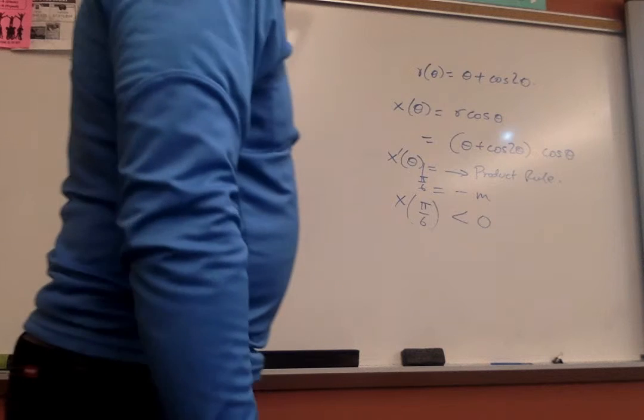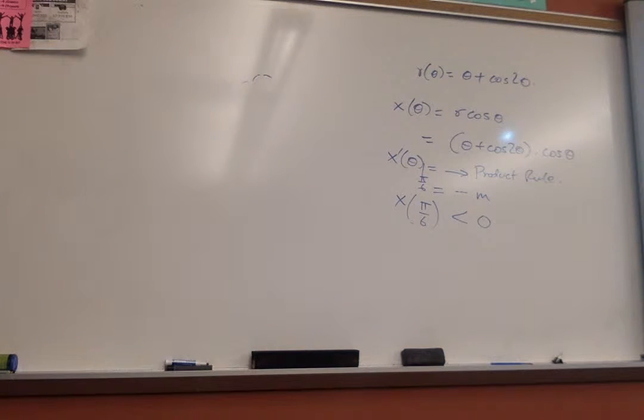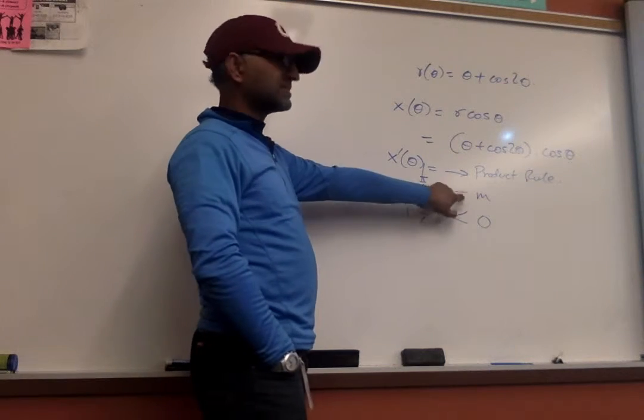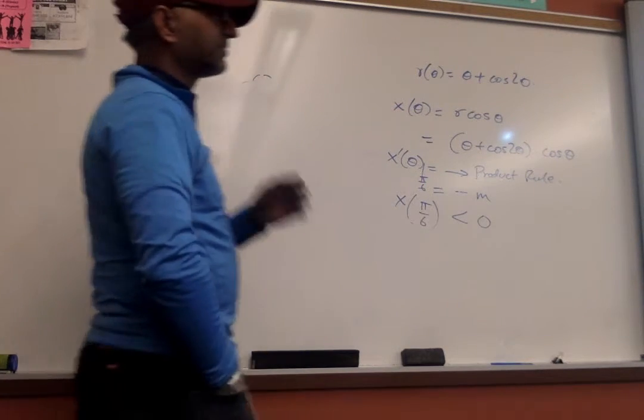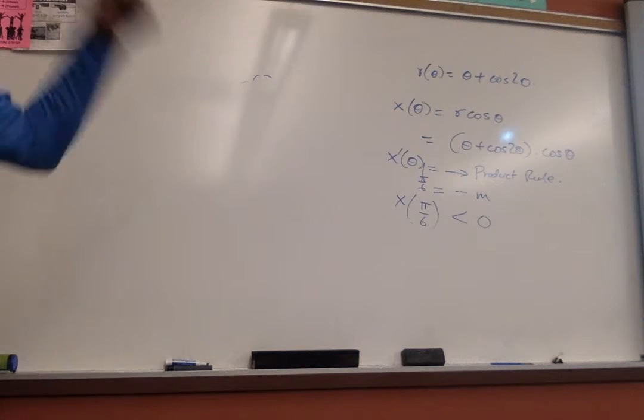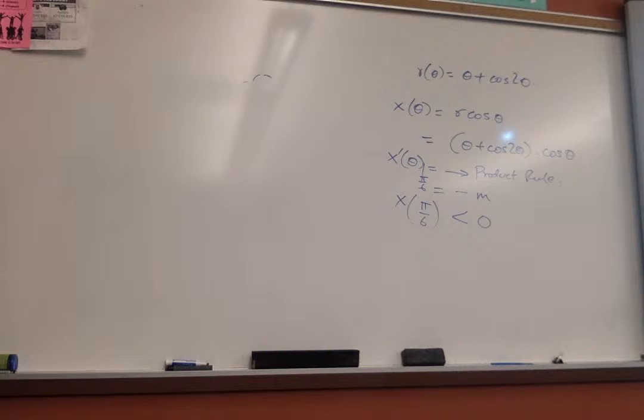At theta equal to pi over 6, the distance of the curve or the particle from the y-axis is increasing at the rate of monkey radians per second. Ignore the negative sign, yeah? We're doing absolute value. I hope you understand why. Basically, it's like position and velocity. You're on the left, moving leftward, so you're going away from the y-axis.